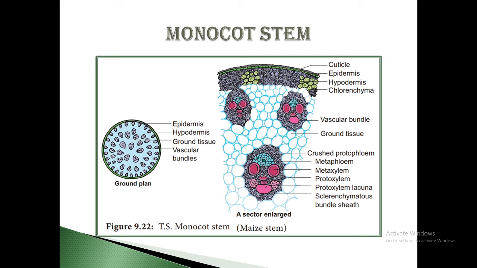The complete middle portion of the stem consists of parenchymatous tissue. It is not differentiated into cortex, endodermis, pericycle and pith region. A large number of vascular bundles are scattered in the ground tissue.